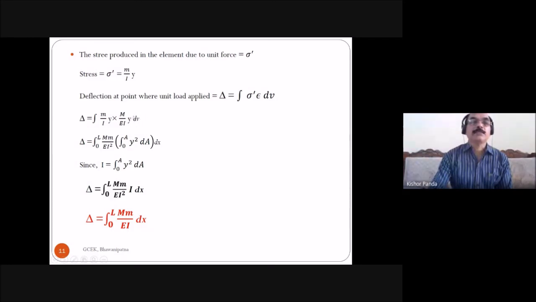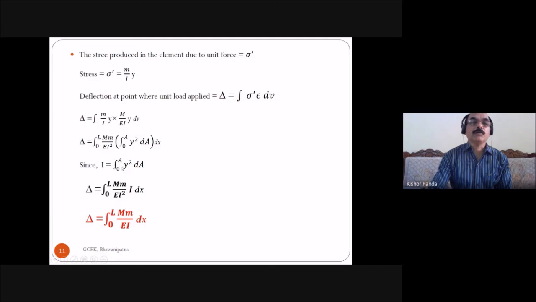Take the change in volume as change in area into change in length. The change in area and change in length give the change in volume. So you split the change in volume into change in area and change in length. So here, in bracket, integration from 0 to A of y square dA into dx. But you know integration of y square dA is equal to the moment of inertia.